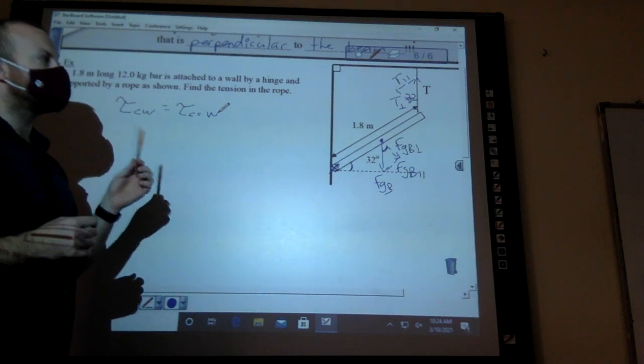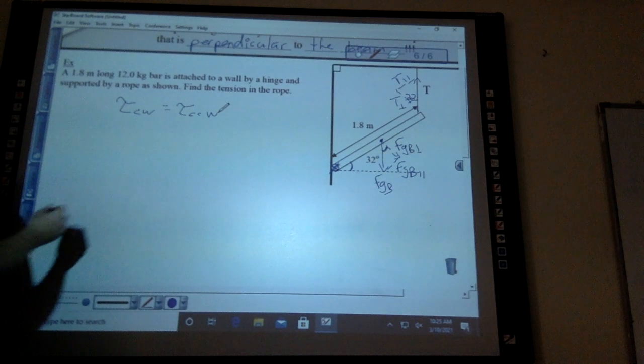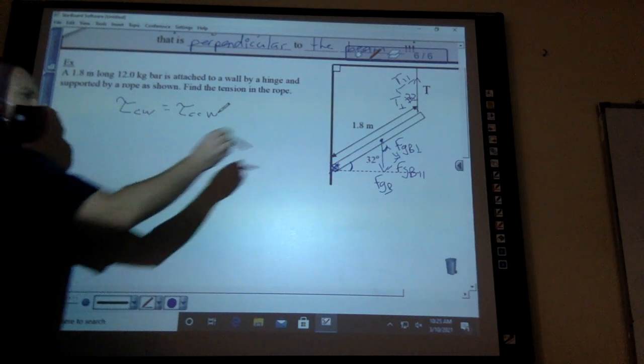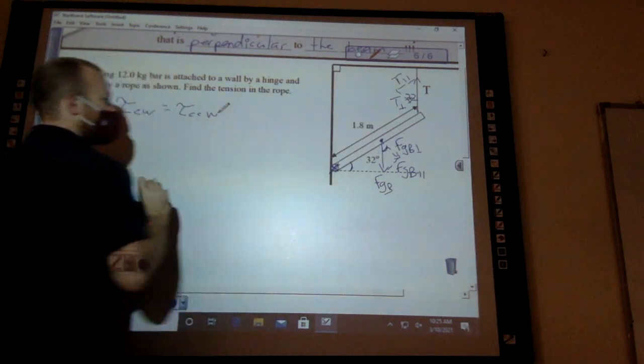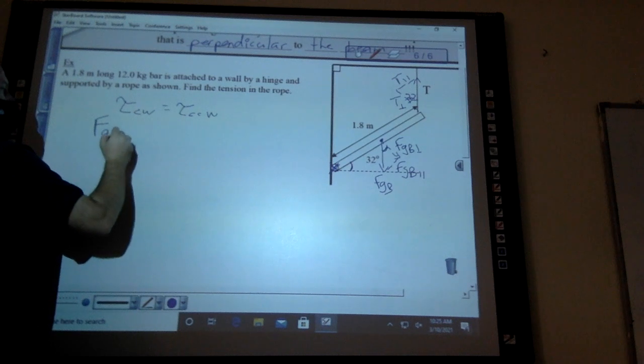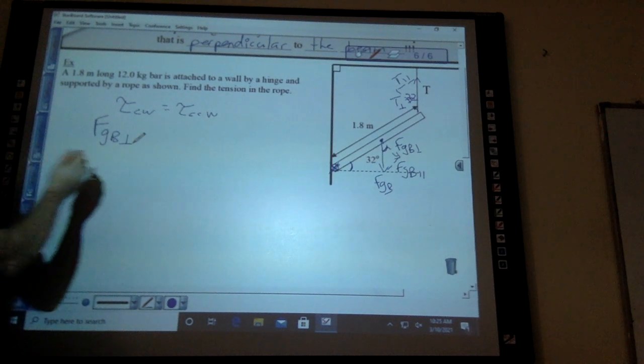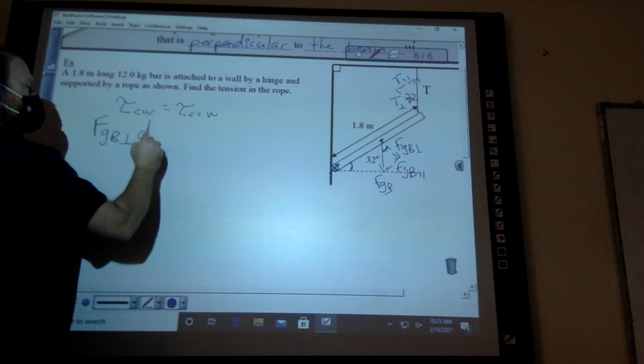Which of these forces, I've only got two, which of them causes clockwise rotation? Good. So the clockwise is this one pushing it down. So it's F_GB perpendicular. That's causing the rotation. Times the distance to that.